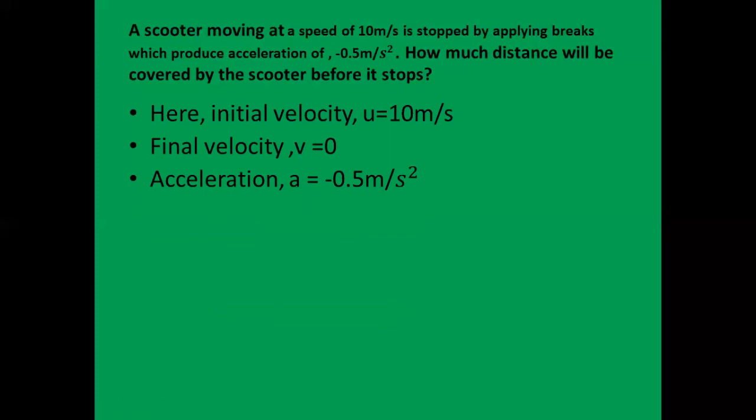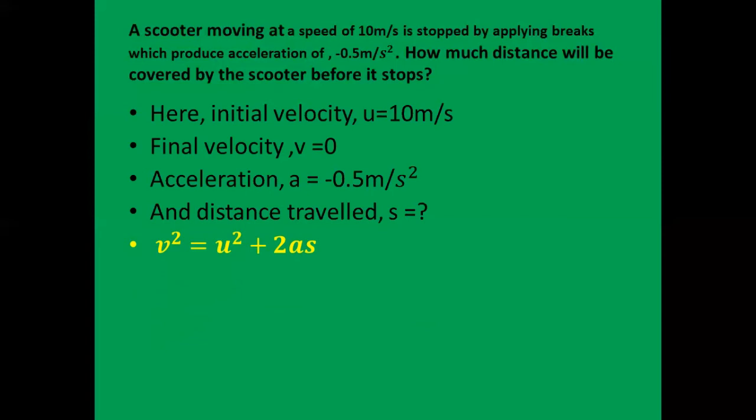Acceleration is also given in the question, that is minus 0.5 meter per second square. Minus is indicating that the movement of the scooter is retardation, so that is the minus sign. And the distance traveled s will be calculated.